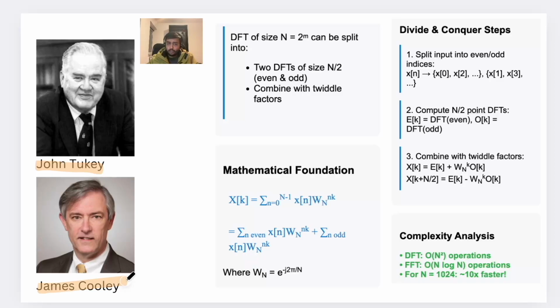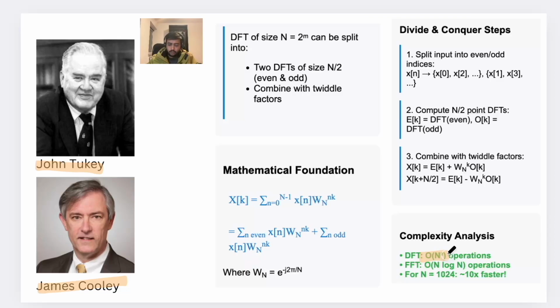Before the Cooley-Tukey algorithm, if we had n points in the signal, the Fourier transform computation required n squared operations. So it scaled as n squared operations.